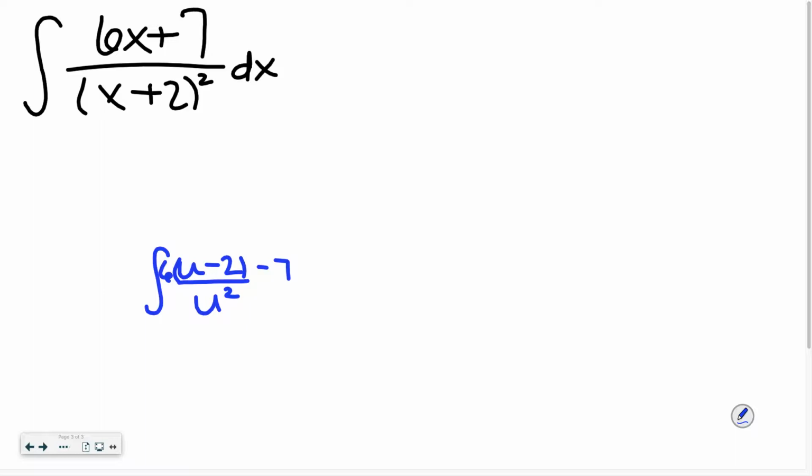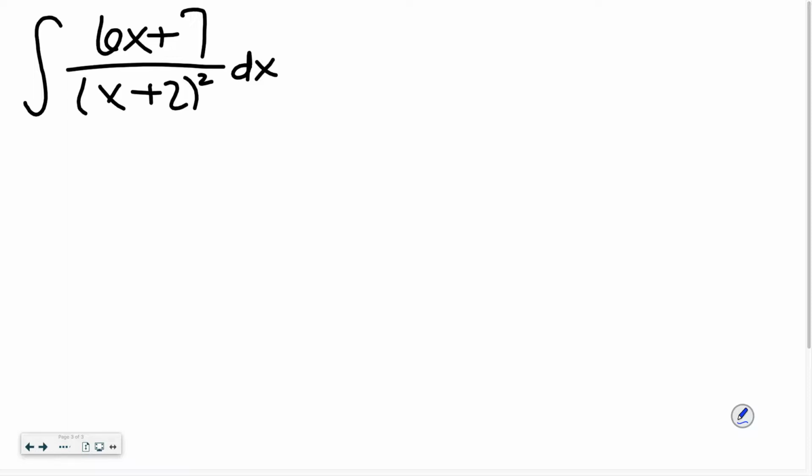You have 6u minus 19 over u squared. I think that you could get there. I think either way you do it, it's going to be a little bit messy. So I think in this problem, you might be okay. All right, but sometimes it's nice to have an option. So let's look at option number 2.